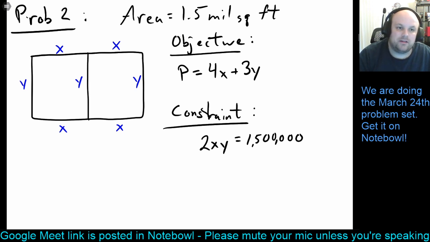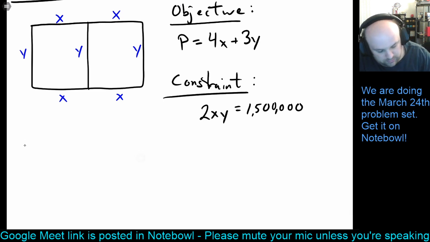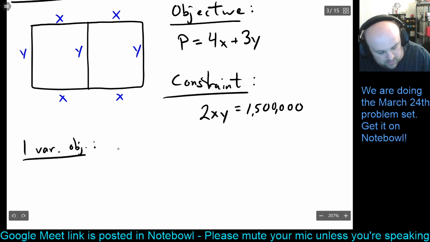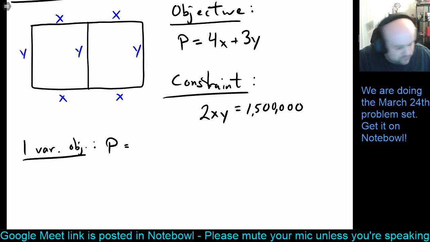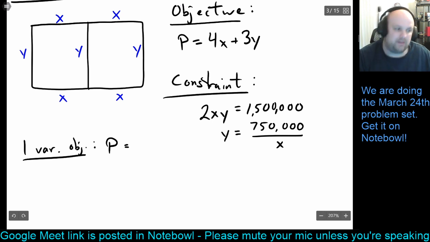All right. So now that we have our constraint and our objective function, same deal as always. Right? So we want our 1 variable objective. So we have to pick a variable to solve for here. I don't know, let's solve for y, I suppose. So this will be 750,000 over x, right? When we solve for y there.